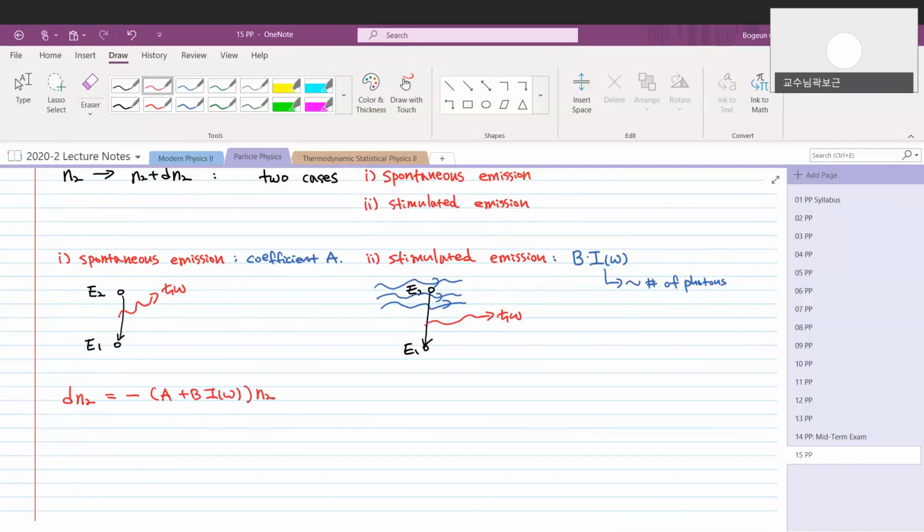So this is stimulated emission and spontaneous emission. Consider both sides. Then maybe there are some particles going from E1 to E2. That will be related to the plus part.